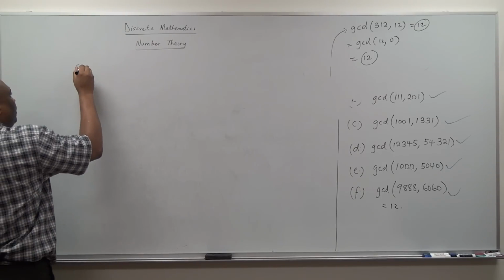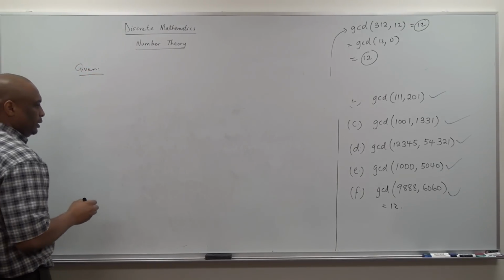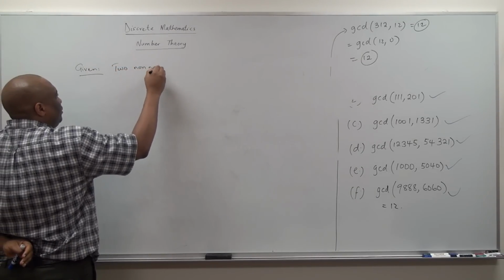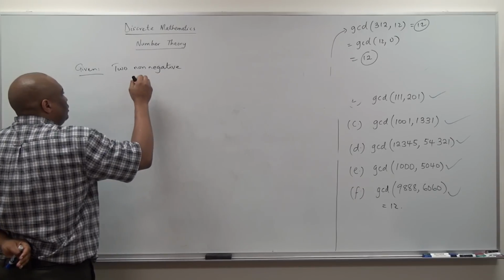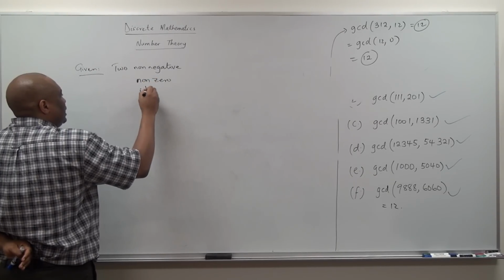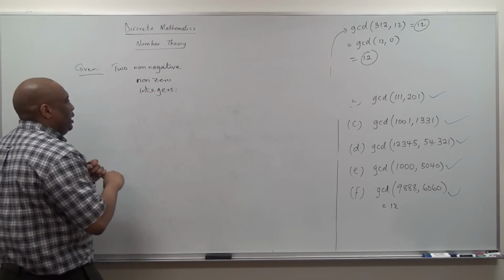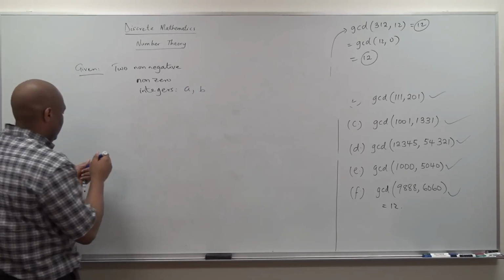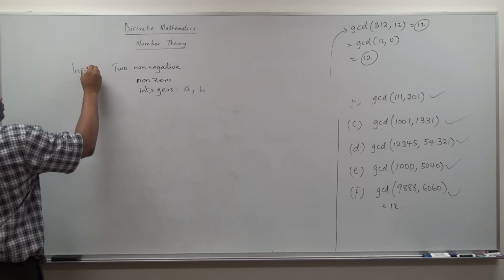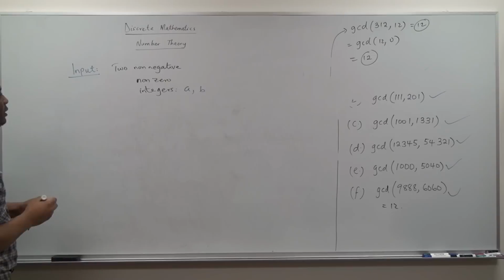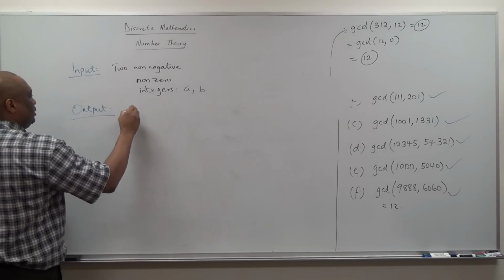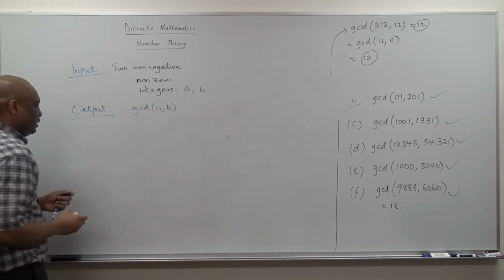Let's say given 2 non-negative, non-zero integers, A and B. And this is going to be our input. And our output will be what? GCD of A and B. That's going to be our output.